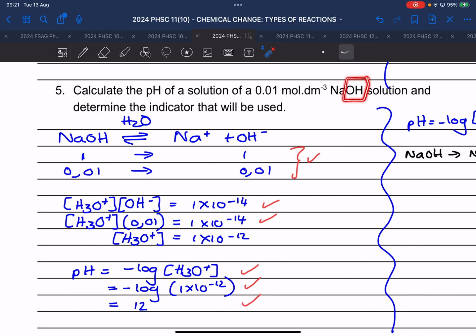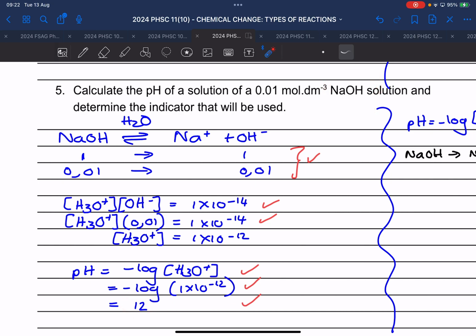Yes, it is a base. Rory, weak or strong base? Strong base. Strong base, is the pH high or is the pH low? It's very high. Is 12 high? Yes, because the highest is 14. So a pH of 12 does make sense because we're busy with a strong base.